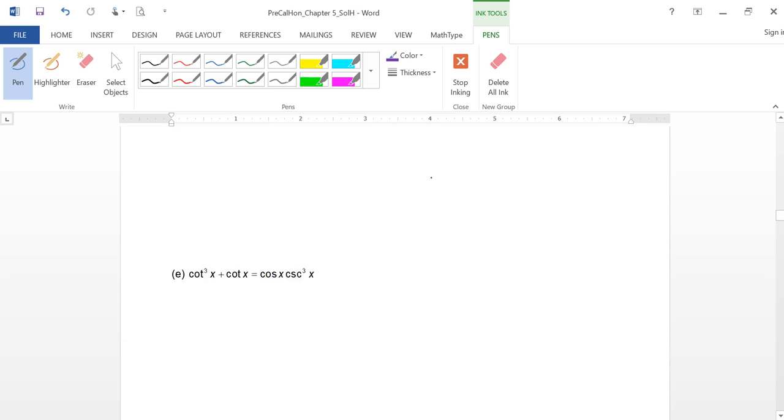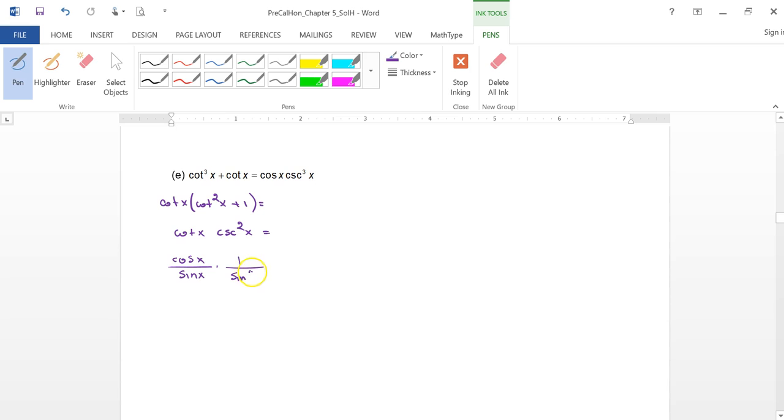So this one too. Let's start with the left side. Factor out a cotangent x. What's cotangent squared x plus 1? Cosecant squared x. So this is cotangent x, cosecant squared x. Cotangent is cosine x over sine x times 1 over sine squared x.